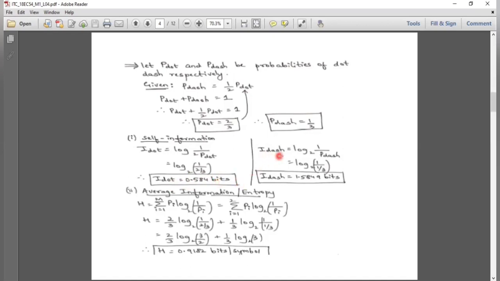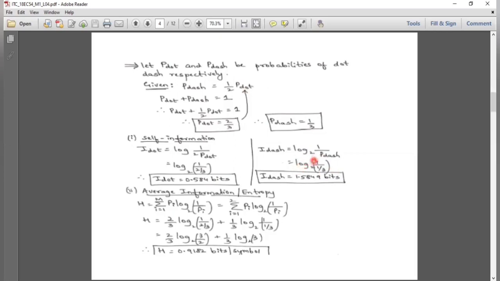Similarly, information by dash event is given by log of 1 by probability of dash. Substitute probability of dash, that is 1 by 3. So which gives us I dash equals to log of 1 divided by 1 by 3 to the base 2. Again, we are computing information in terms of bits.